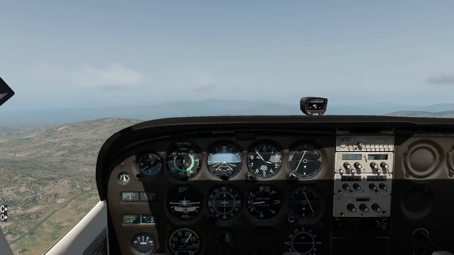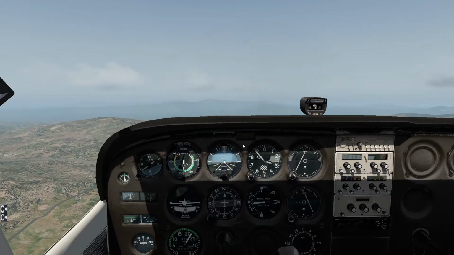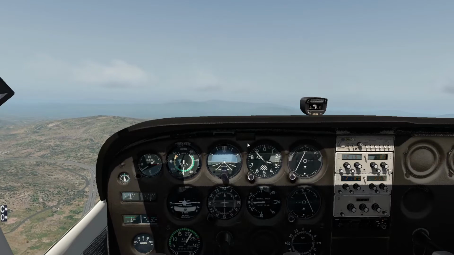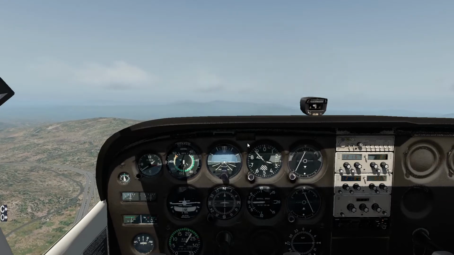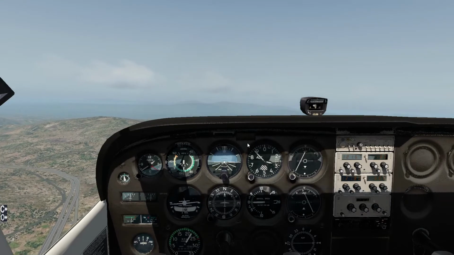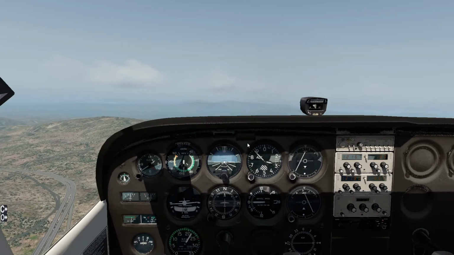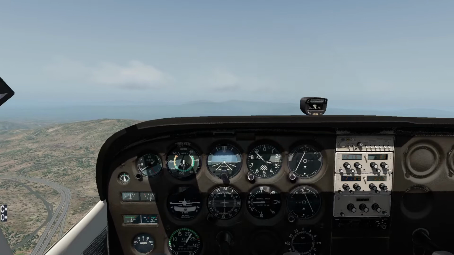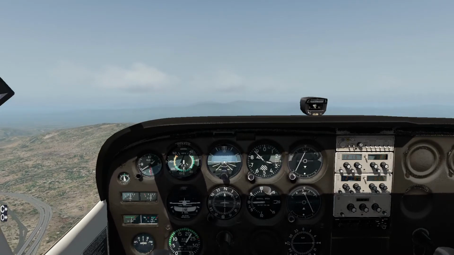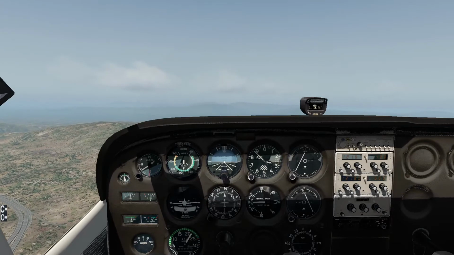That means that it will tend to generate more lift than the inside wing, and as a result the aircraft will have a tendency to overbank. This is very important to keep an eye on, because we will need to constantly correct our bank angle during the turn, which in no case should exceed 20 degrees of bank angle.